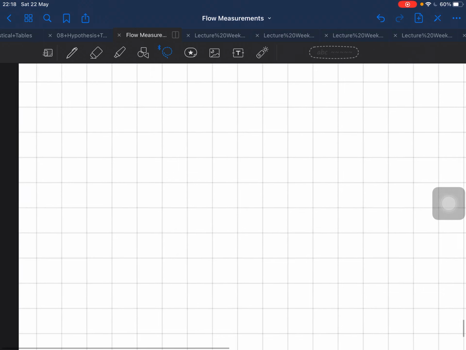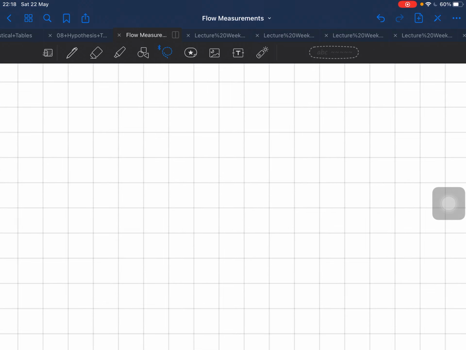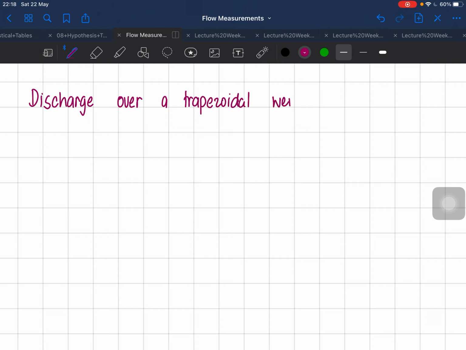So now it's a discharge over a trapezoidal weir.